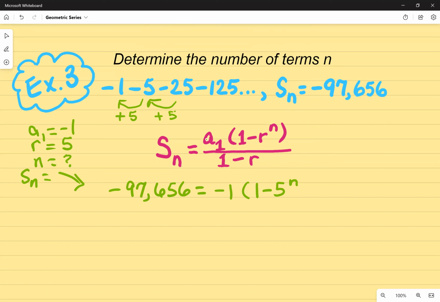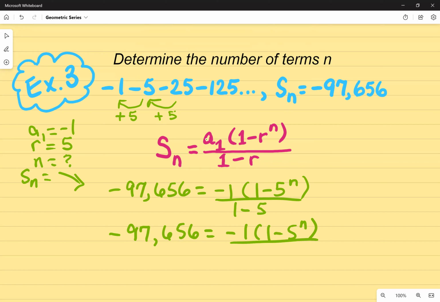I don't know n, so we're going to raise it to the nth power, all over 1 minus r, which is 5. And once I simplify that, I just bring down negative 97,656 is equal to negative 1 times the quantity of 1 minus 5 to the nth power, all divided by 1 minus 5, which is negative 4.